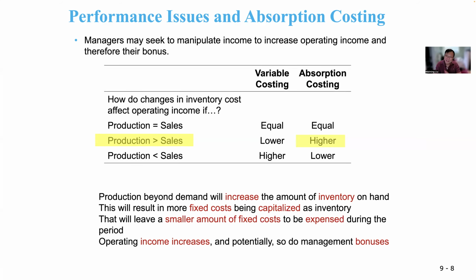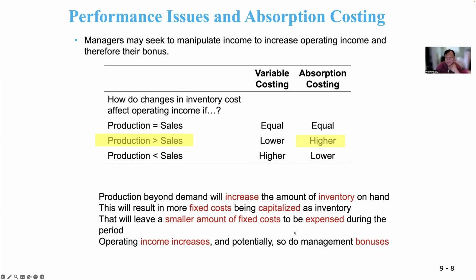So that the amount of the fixed manufacturing overhead cost allocated to the cost of goods sold, that proportion of allocation is lower. So therefore, the cost of goods sold would be lower and the income will be higher. Okay, and then the manager will have a better chance to achieve the bonus, right?